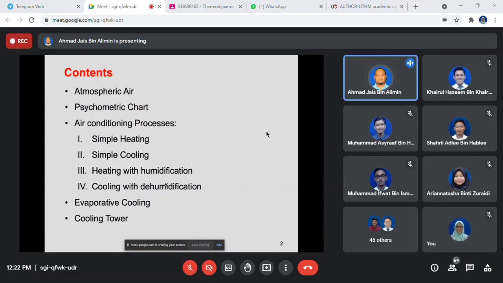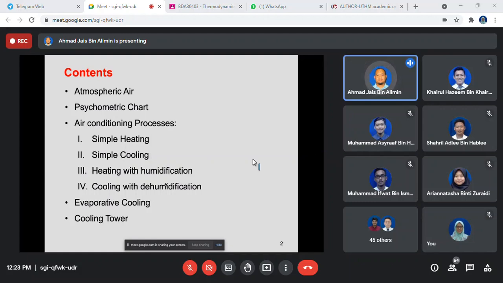Humidification means that we are talking about the process of adding moisture in that particular volume of atmospheric air, and then cooling with dehumidification. Dehumidification means that we want to remove the water vapor, and at the same time, by removing the water vapor, how we can reduce the temperature of that particular volume of air.